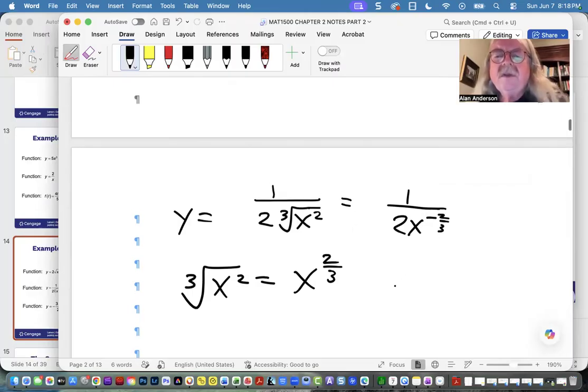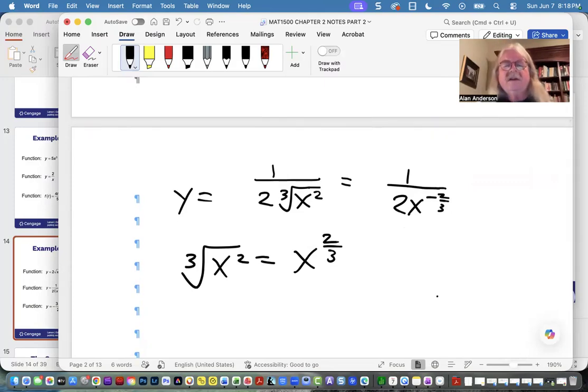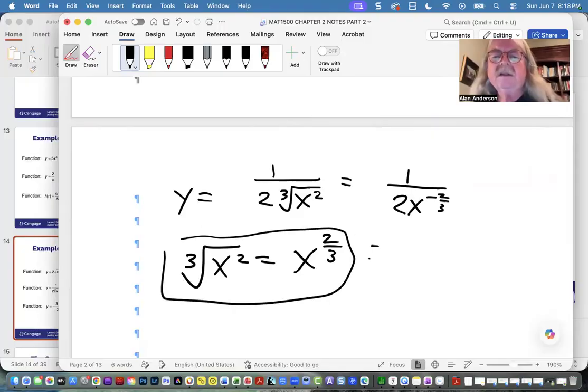Now, if you do that, you notice how you still have this in the denominator. What you might want to do is rewrite it like this.